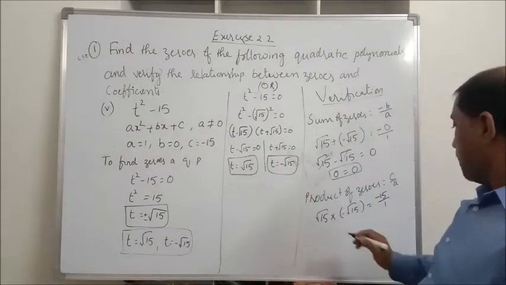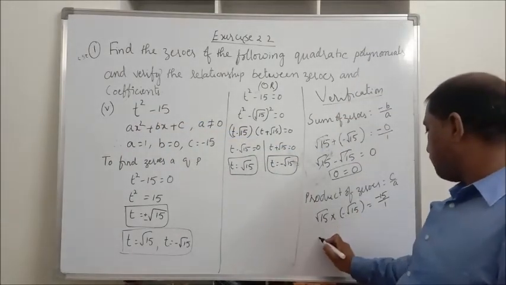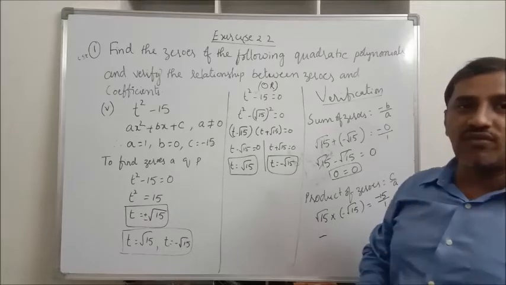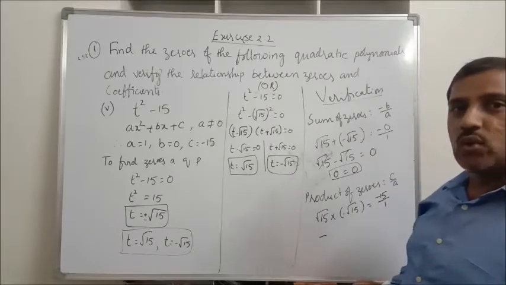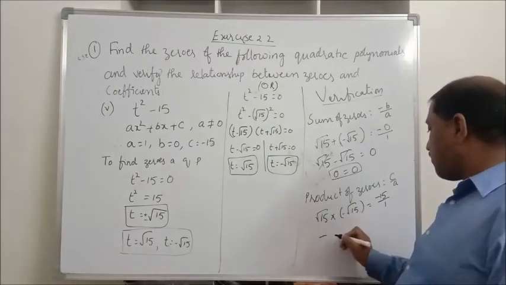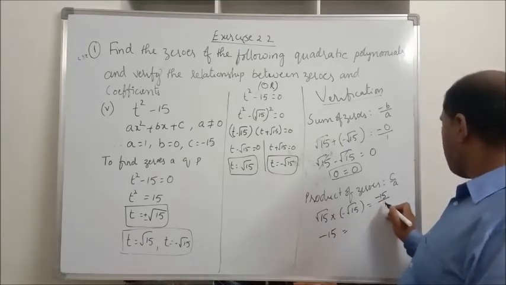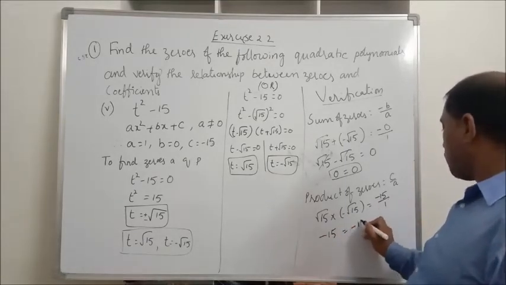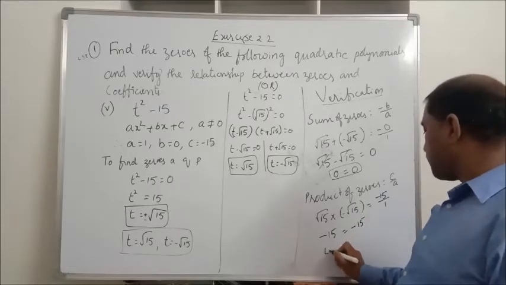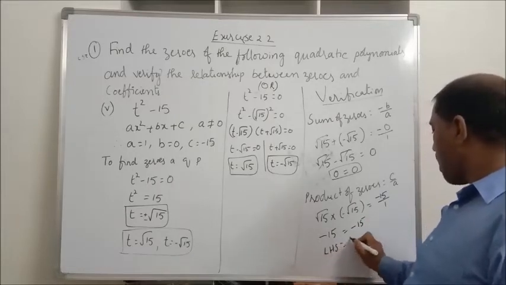Now plus into minus is minus, root 15 into root 15 is simply 15. That is equals to minus 15 divided by 1, which is minus 15. Again we got LHS equals RHS.